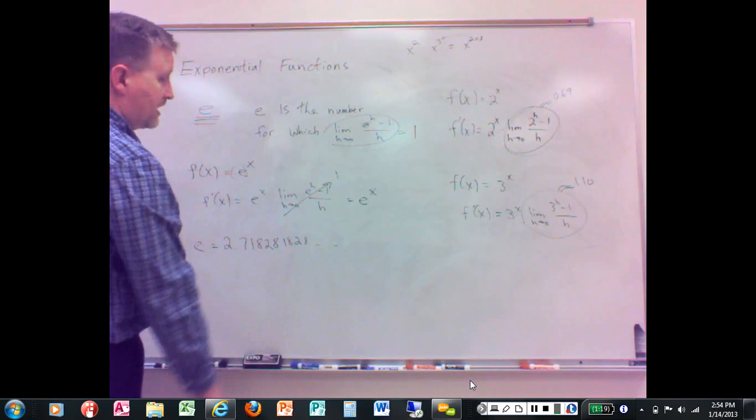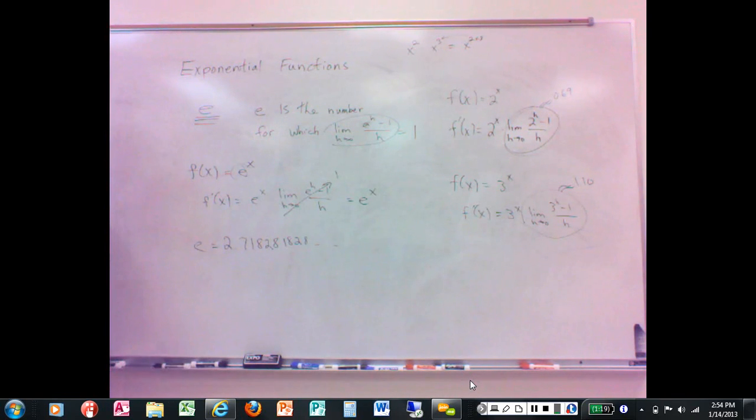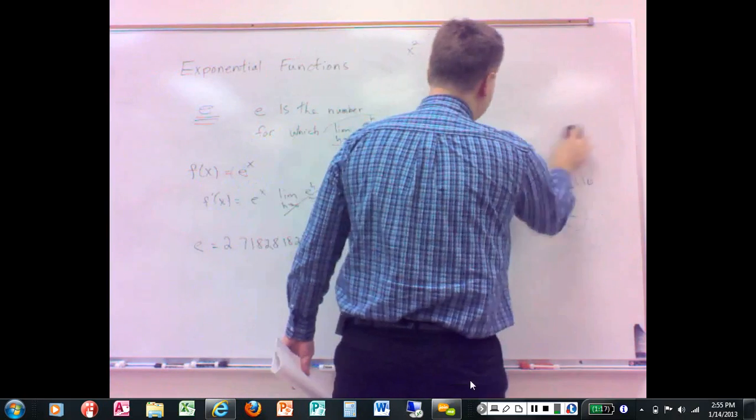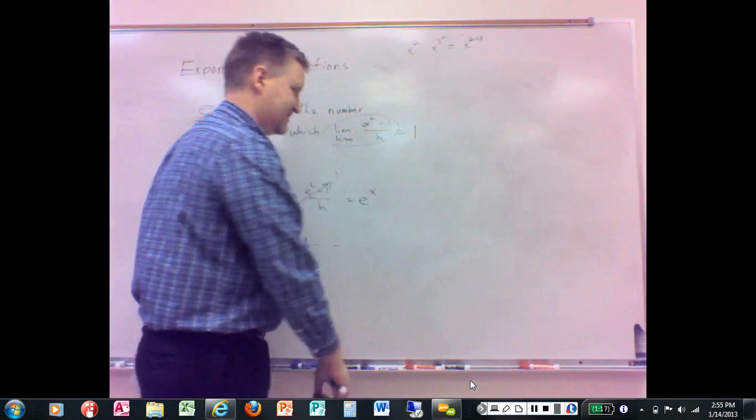Yeah, it's not a rational number. It doesn't repeat a pattern. It keeps going and going and going. But that's the base for which the derivative of that x power is itself. Kind of a nice little derivative. No work involved. Of course, there's always wrenches and loopholes that you have to go through. But if it's just e to the x, the derivative is e to the x. Okay.